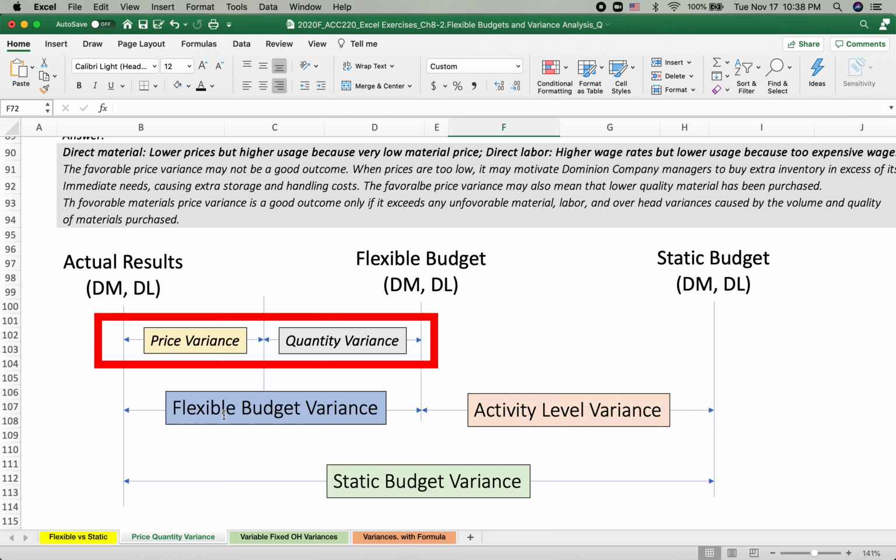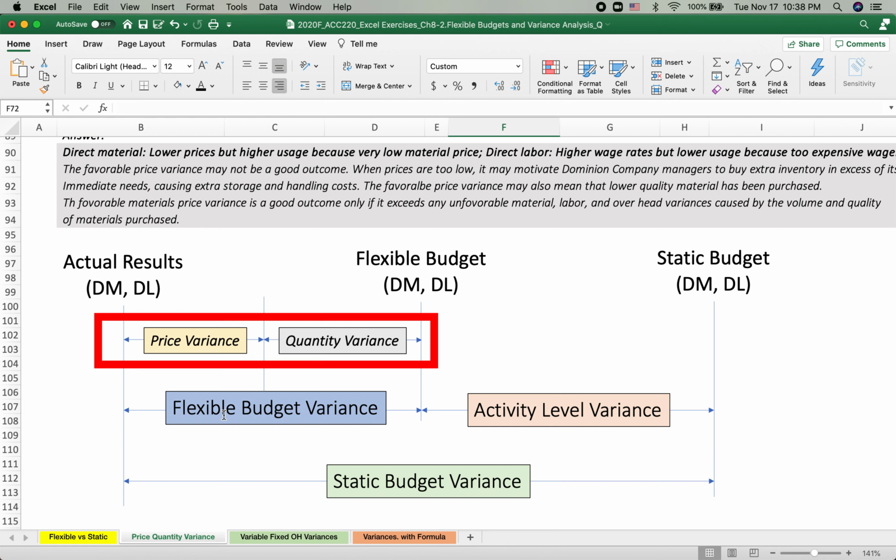If we purchase at a higher price than we expected, then that is the price variance. When we use more volume or units of materials or direct labor, then that is the quantity variance.